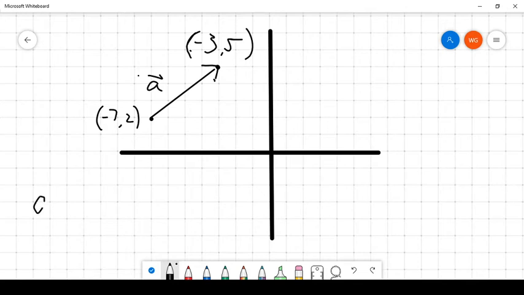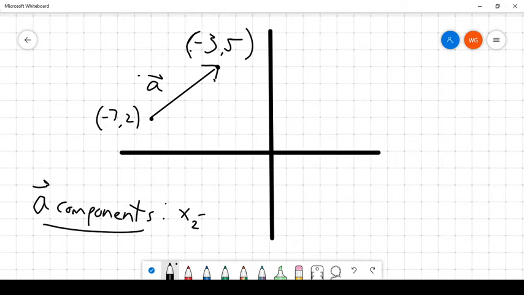So vector A components consist of the x displacement and the y displacement that is visible in the vector. And the way that we can get those components is we can just take the head of the vector from an x perspective and see how much it has displaced from the tail of the vector, which is the x1 component.